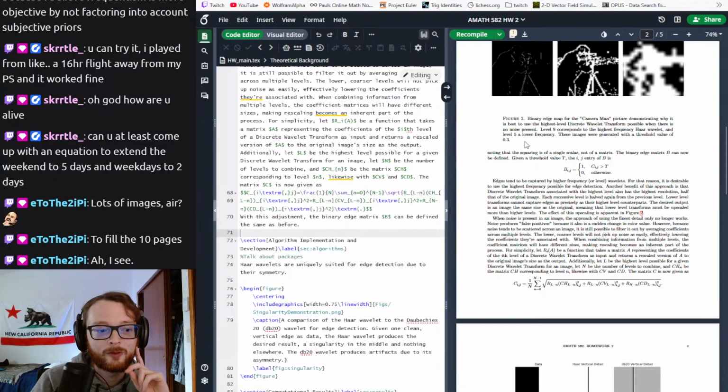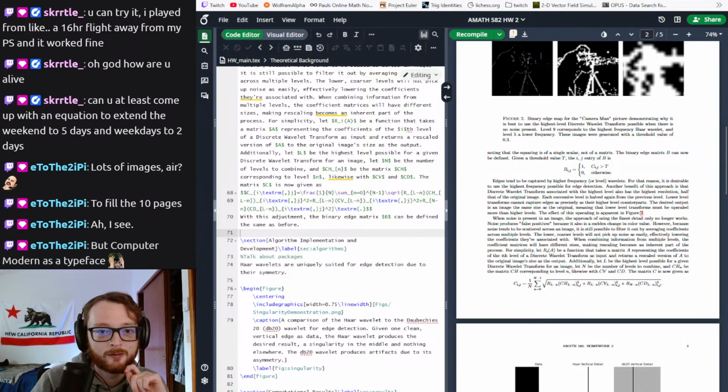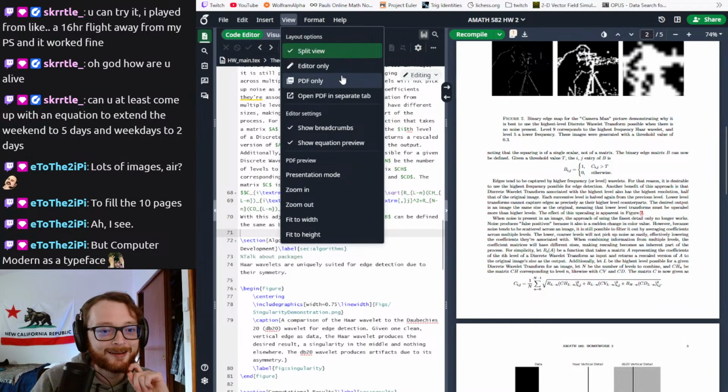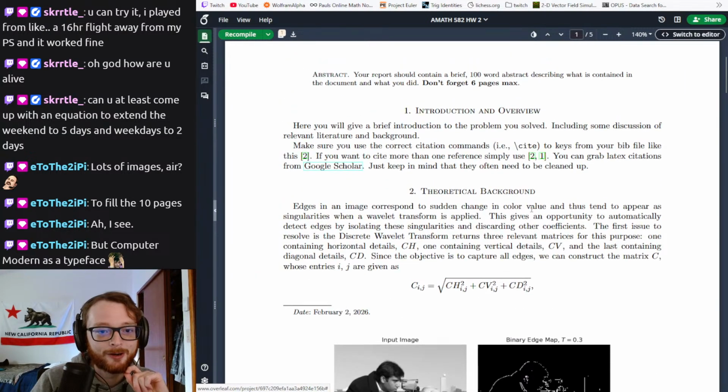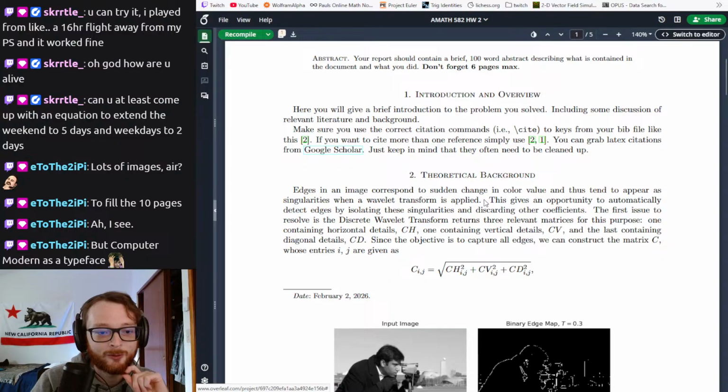The first homework assignment was the same format, and I think I definitely got up to 6 pages, maybe more. I don't remember. Computer Modern as a typeface. You just recognize it? They gave us a template to use for our homework, so I'm not questioning it.